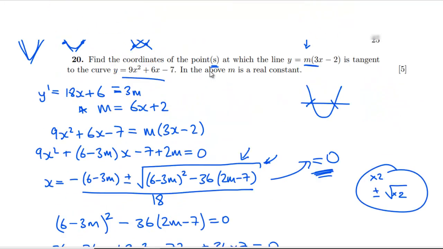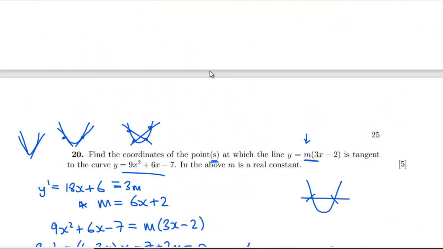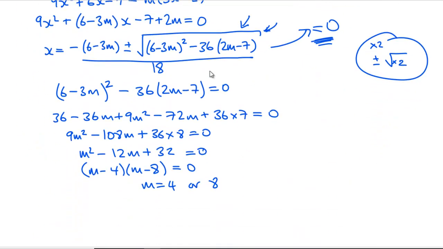And those 4 solutions is this situation here. Whereas when m is 4 or 8, it takes away the discriminant, but we're still getting 2 solutions because we've got the 6 minus 3m at the start there. So that's why we want the discriminant to go away, so that we get 2 answers.